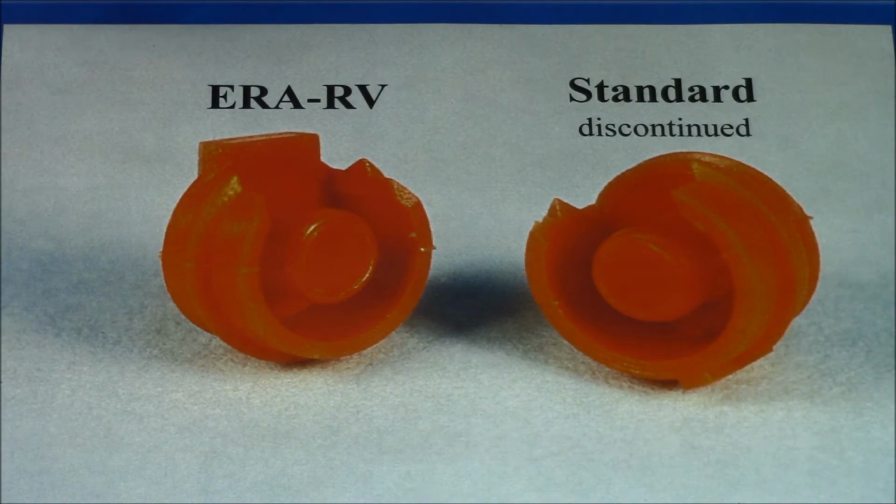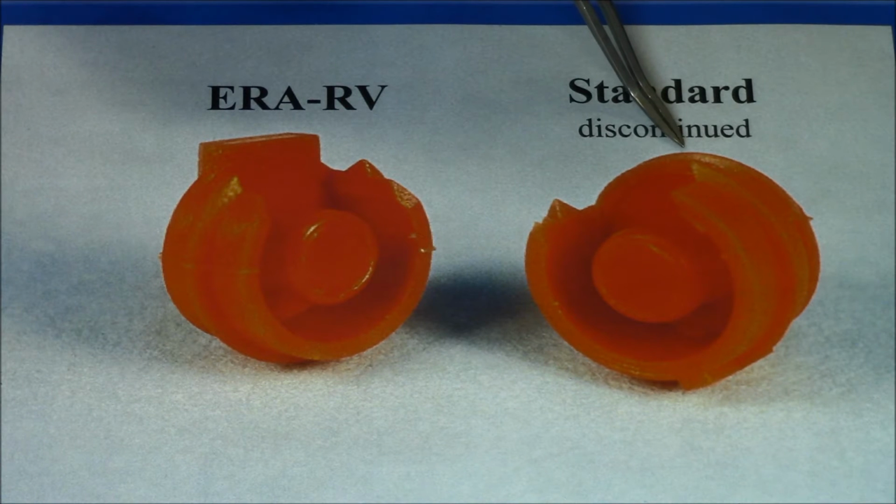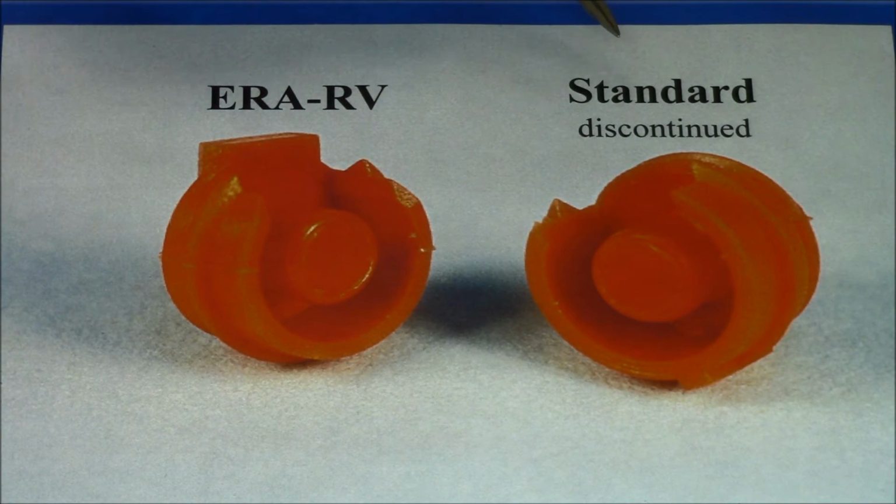If you're trying to tell the difference between the standard and the RV, you'll notice that the standard is round here, just occlusal to the wide opening in the side, whereas the RV has a little tab that sticks out toward the occlusal side.